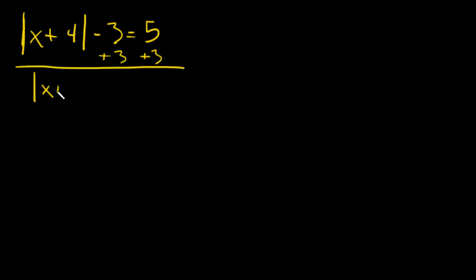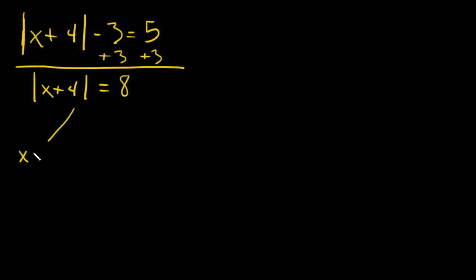Absolute value x plus 4 equals 8. I find it highly comforting that to solve roots, squares, or absolute values, you isolate the thing on the left side before you do whatever process you need to do to it. So now that it is isolated, I break it into two pieces.